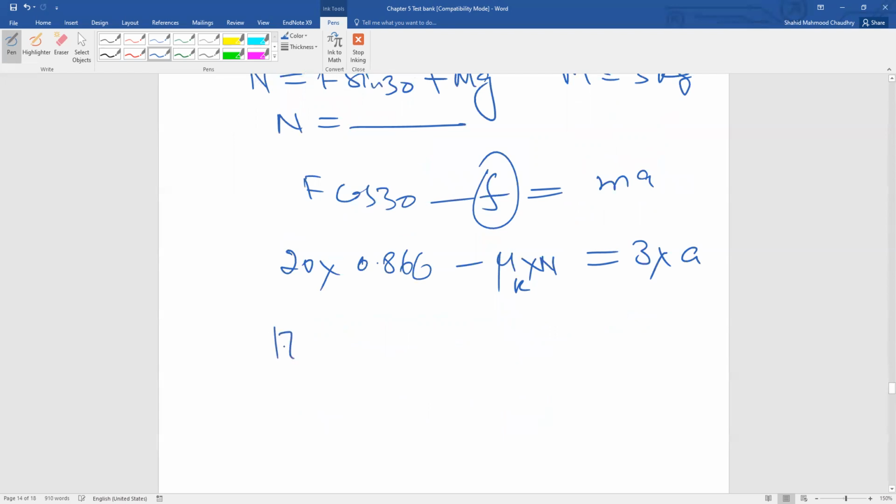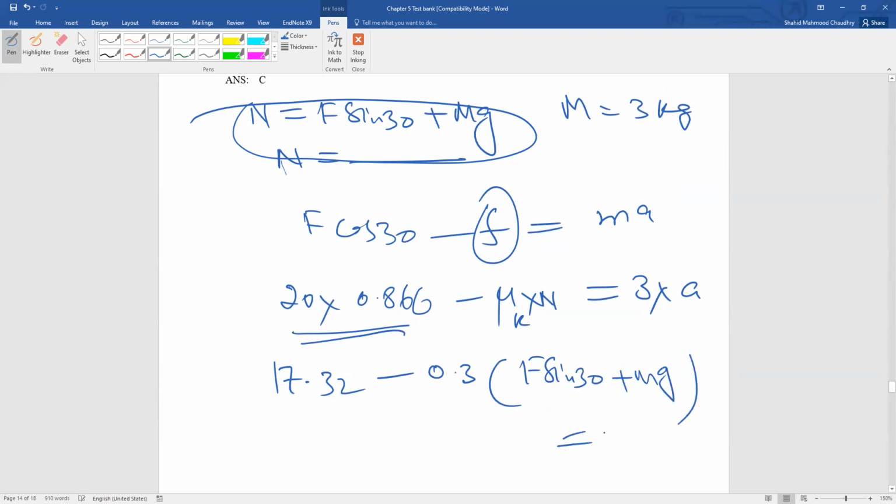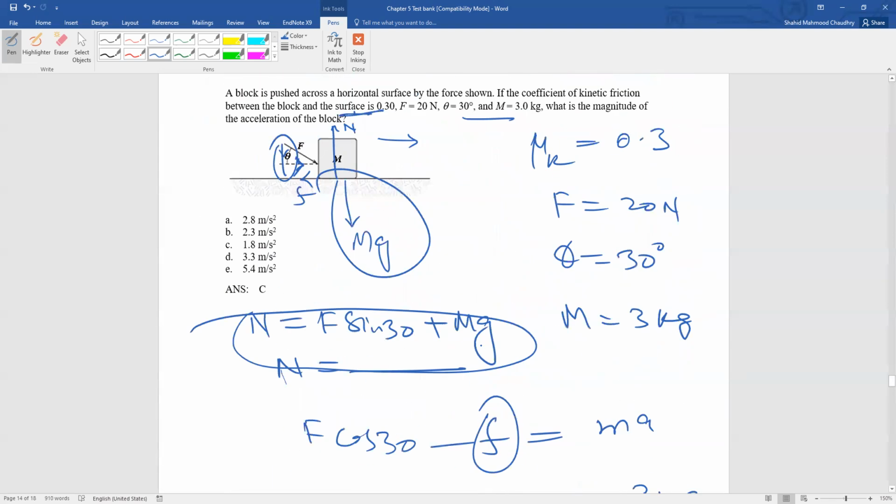To solve this, this is 17.32 minus mu k, which is 0.3, times N. For N you will put this value: N is F sine of 30 plus mg, is equal to 3 into a. Putting the values of F, m, sine 30 and g and solving it, you will get the answer a is 1.1833 meter per second squared. So in this way you can solve this problem.